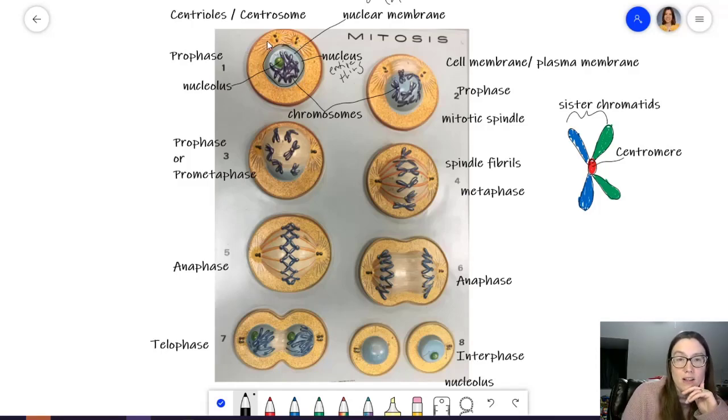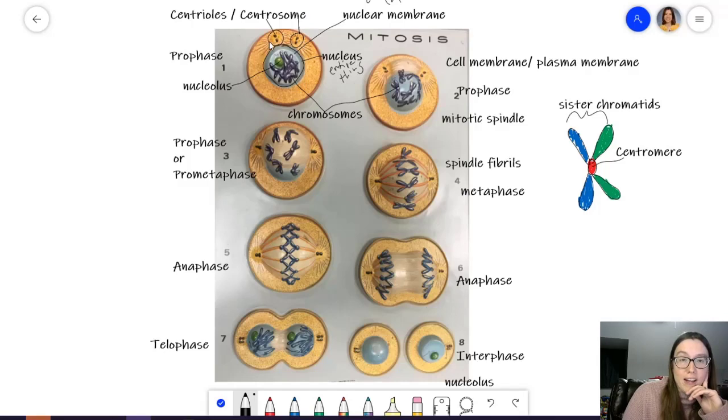Other organelles that are important, this cell does have other organelles, they're just not shown in this model because they're not as important for the process of mitosis, are these guys here. In this case, we have two of them because they were finished being replicated in G2. So we have two pairs of paired centrioles, which makes a centrosome. This is one centrosome with two centrioles, and this is another centrosome with two centrioles, and these are paired.